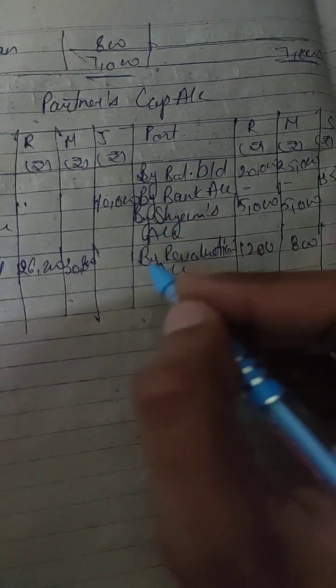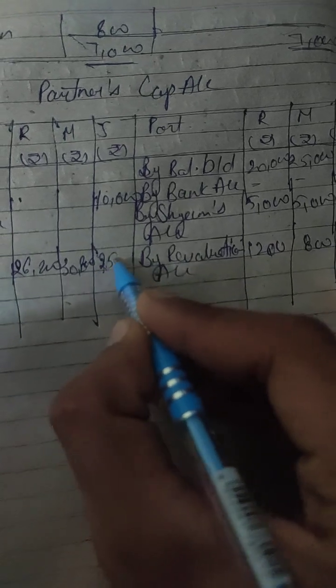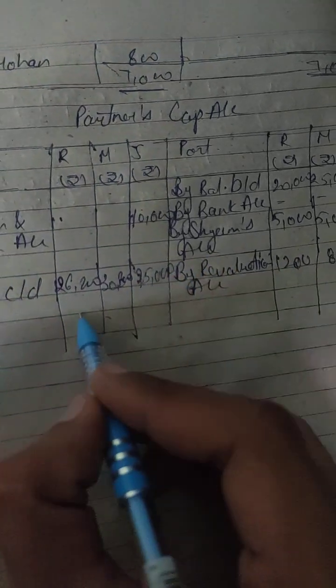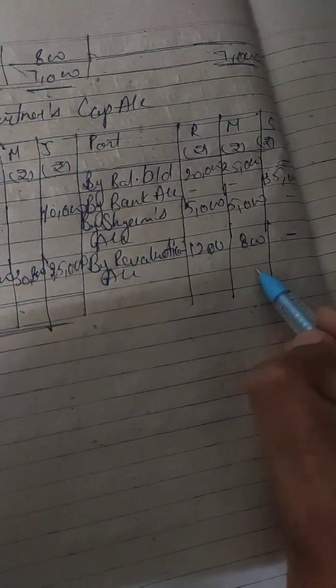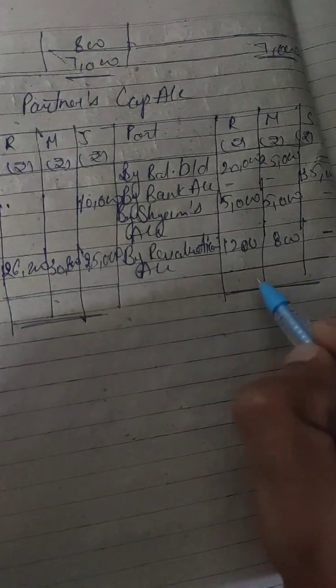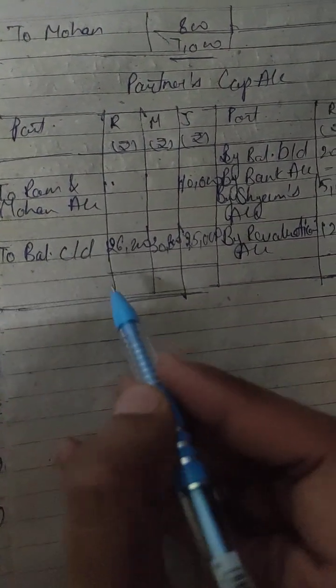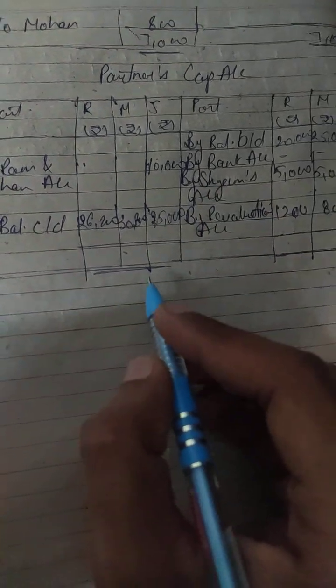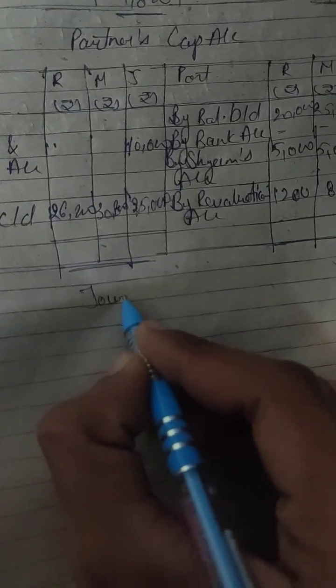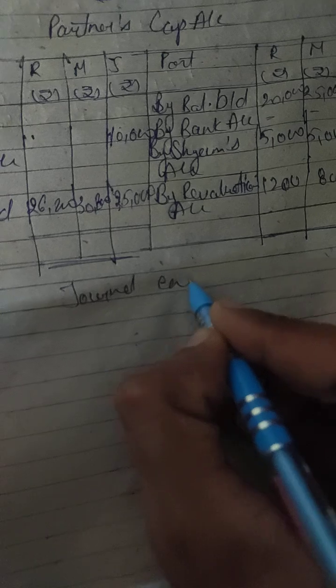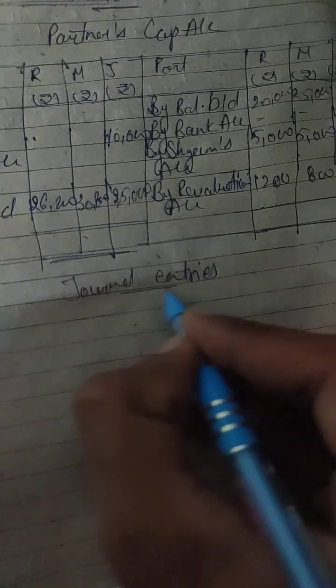Now here the total is 35,000 and here 10,000, that means 25,000. So these are our capital balances. I am not writing the total here because we already know what the figure would be. Now let's write down the journal entries, which the question has asked us to do.